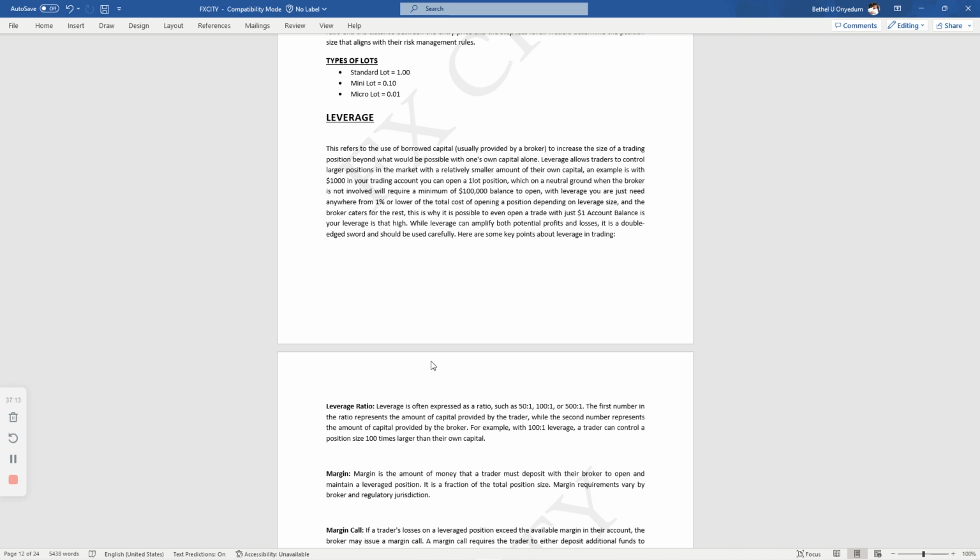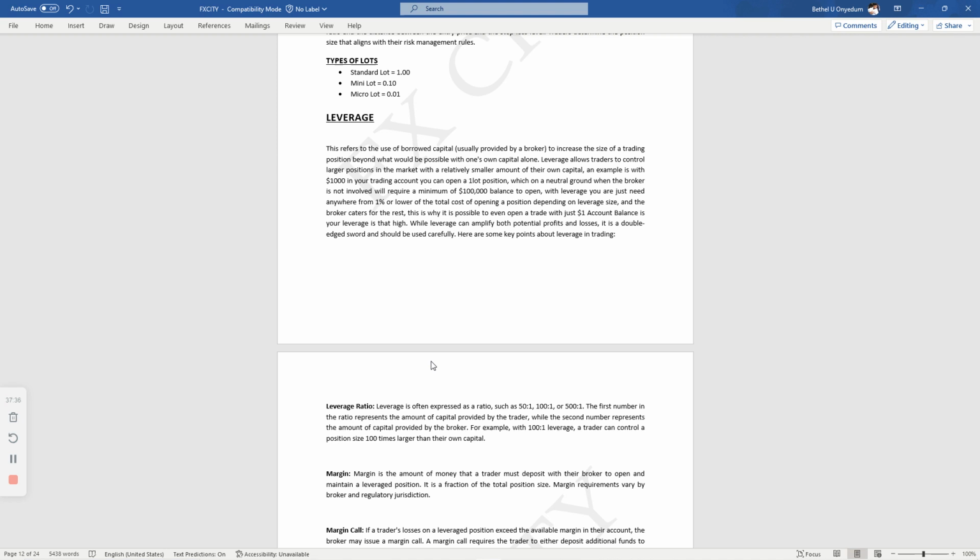That's due to leverage. If you want to open a position that is worth $100,000, depending on the amount of leverage you're using, you bring 1% of the required capital to open that, and the broker brings 99%.